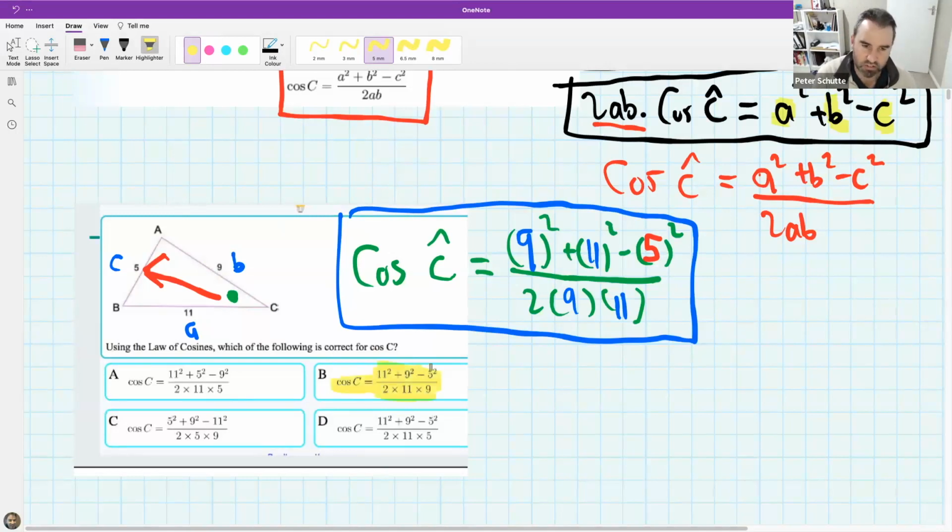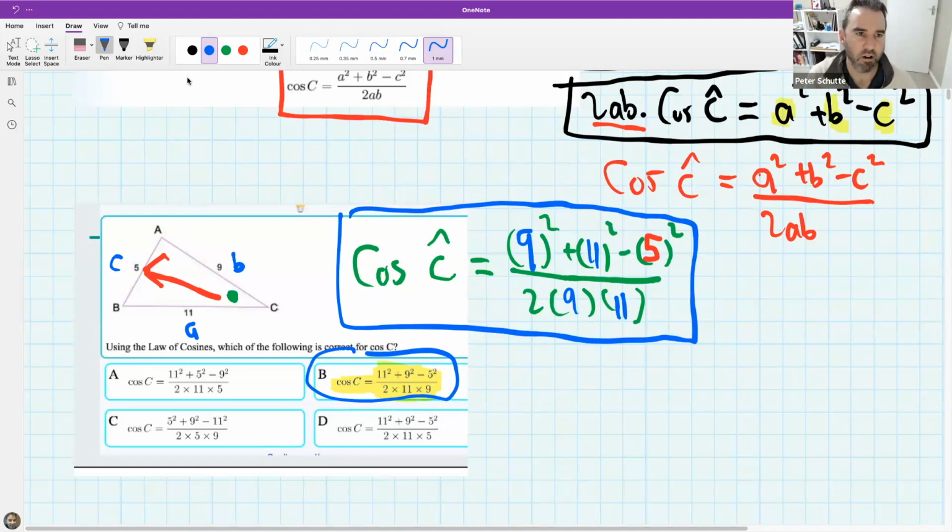But you notice they've got 11 times 9 and 11 and 9 here. The good news is it doesn't matter as long as I have both of them, because adding is commutative, and so is multiplying. So you're quite correct that B would be the correct answer, but we still haven't found the angle C. Now, in order to find the angle C, what do I still need to do to my equation?